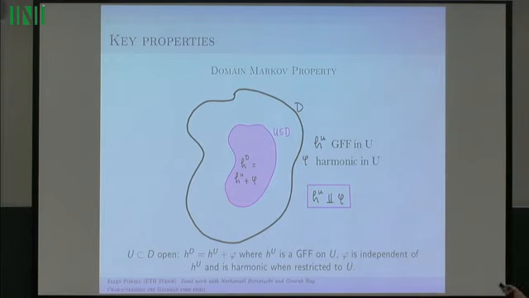Now you think of this h_U as being zero everywhere outside U, and it's just a Gaussian free field with zero boundary conditions inside U. And the field phi, outside of U, is going to be exactly equal to the original Gaussian free field, and inside, when you restrict to the inside, it's going to be a harmonic function. So that's the domain Markov property.